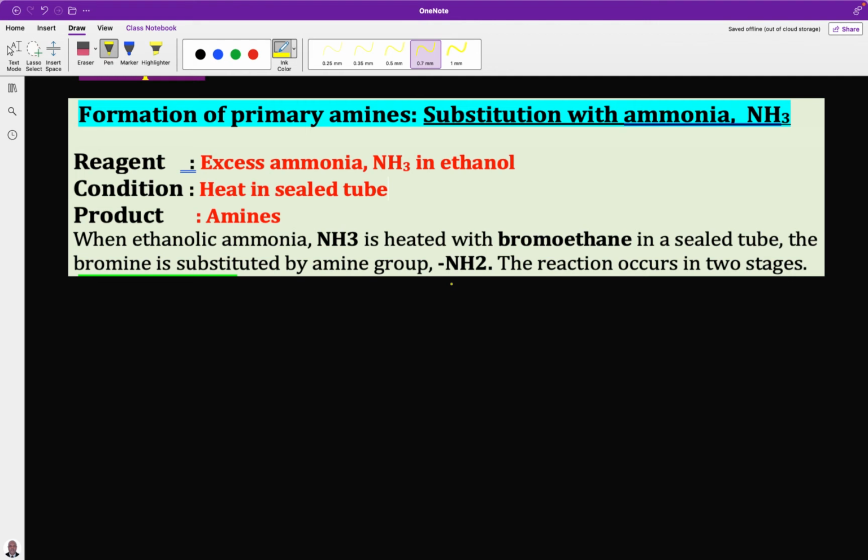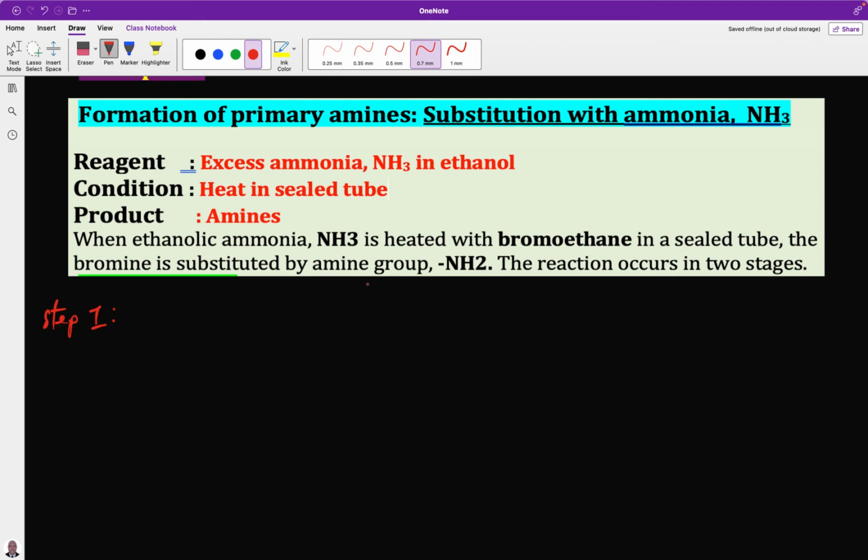So let me show you how it goes. Now, this is our molecule, bromoethane. Step number one: formation of ethyl ammonium bromide.